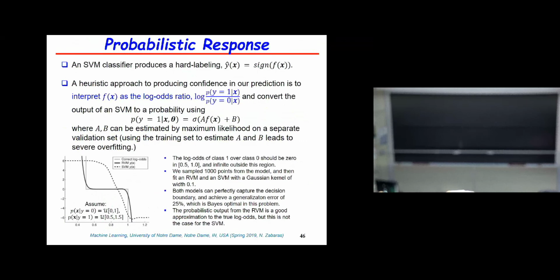If I go directly to a very simple problem, there are a few details here that you may want to read. These are the class conditional probabilities, and I'm plotting this log ratio versus x, since these are uniform distributions from 0 to 1.5.